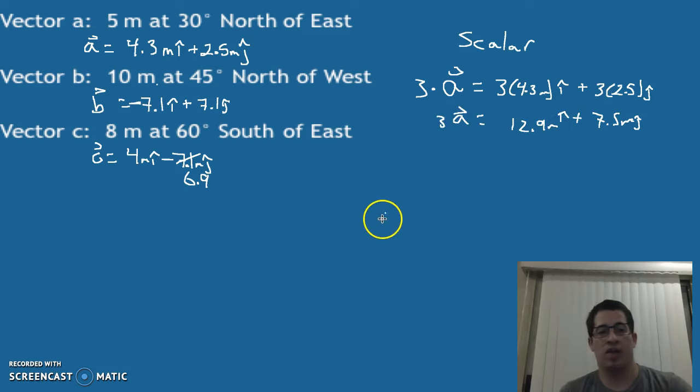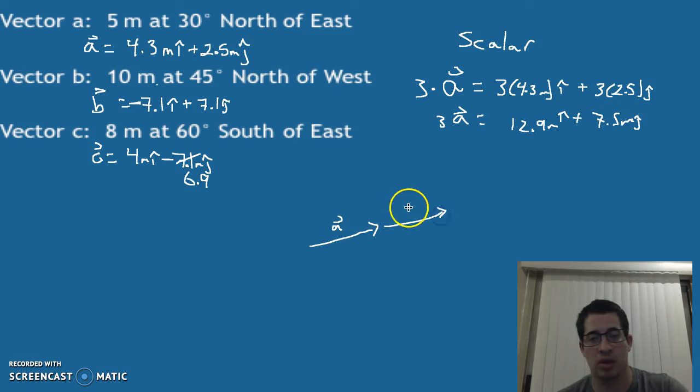So graphically, if this is vector A and we scale it by 3, it would look something like this, 3A. Our new vector is 3 times the length of A in the same direction.